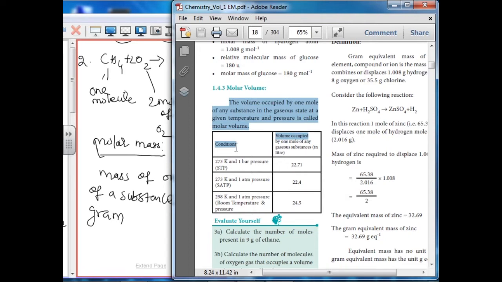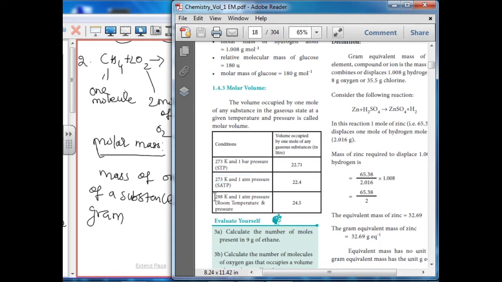Under the conditions of 273 Kelvin and 1 bar pressure, how much volume is occupied? 22.7 liters is occupied by 1 mole of any substance. The next condition is 273 Kelvin and 1 atmospheric pressure. Only 22.4 liters is occupied by 1 mole of any gaseous substance.